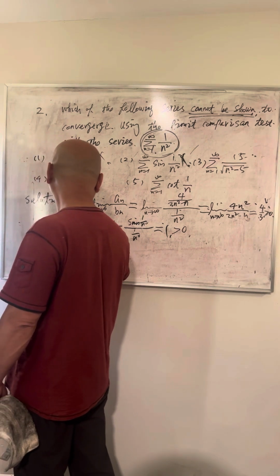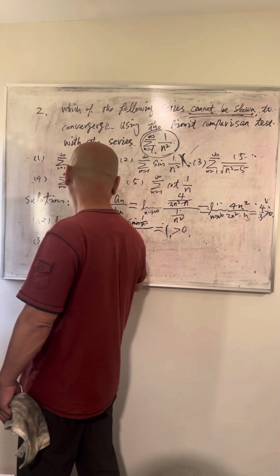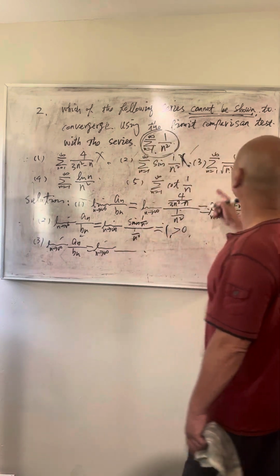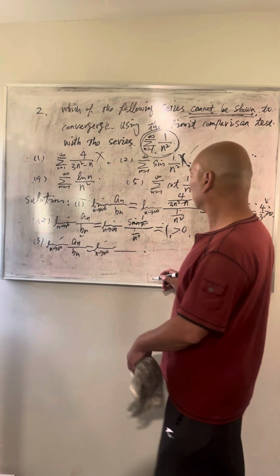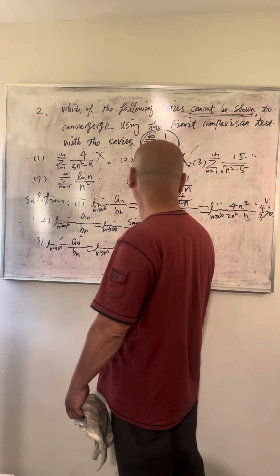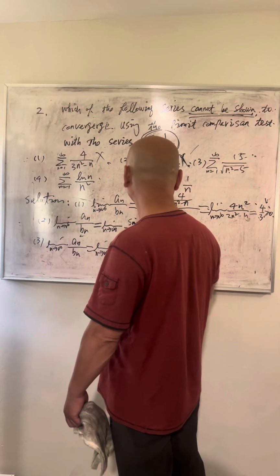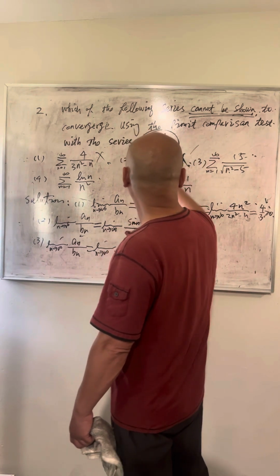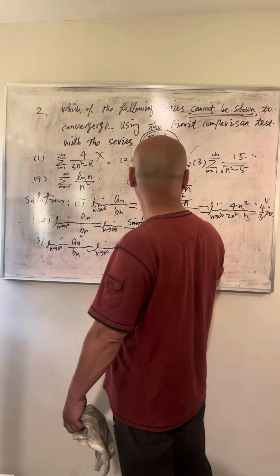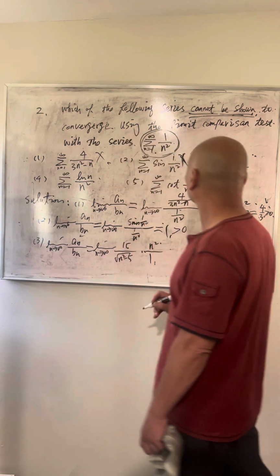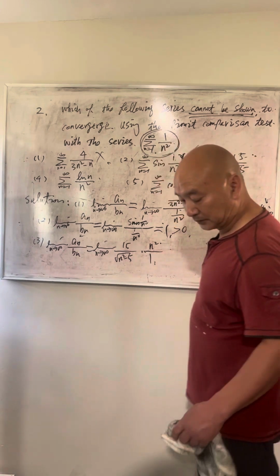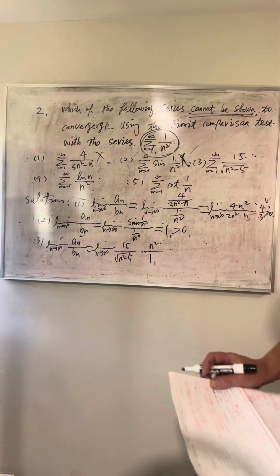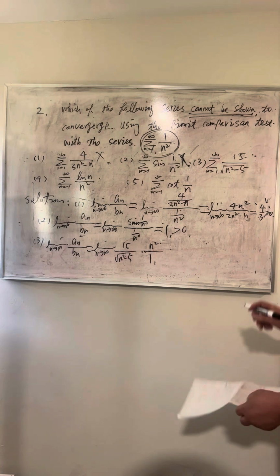Same comparison, with n squared minus 5 and 15. I think the question copy is wrong. Oh, no wonder, it's n to the fourth.